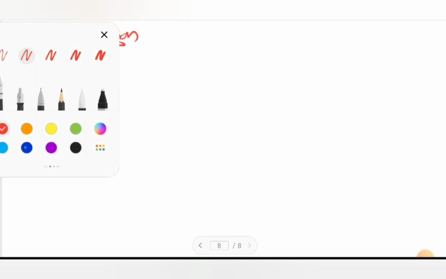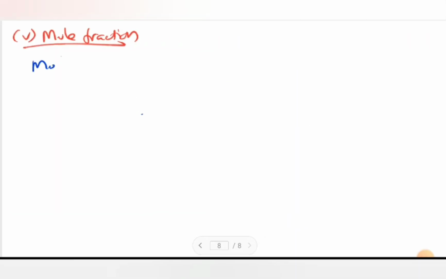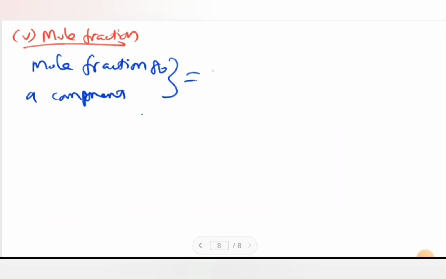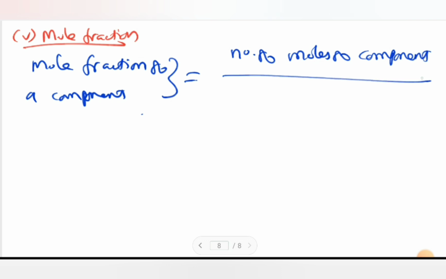Mole fraction of a component is equal to the number of moles of the component divided by the total number of moles of all the components.